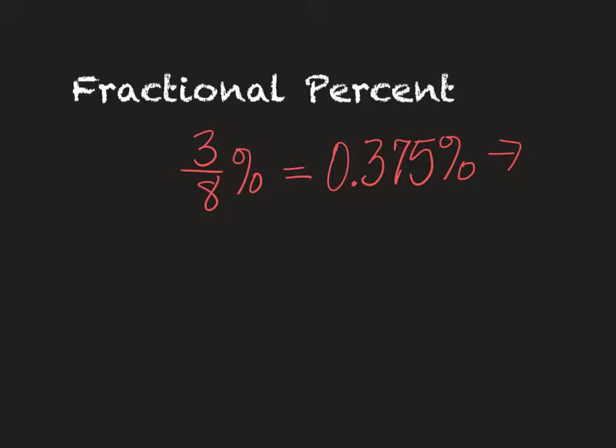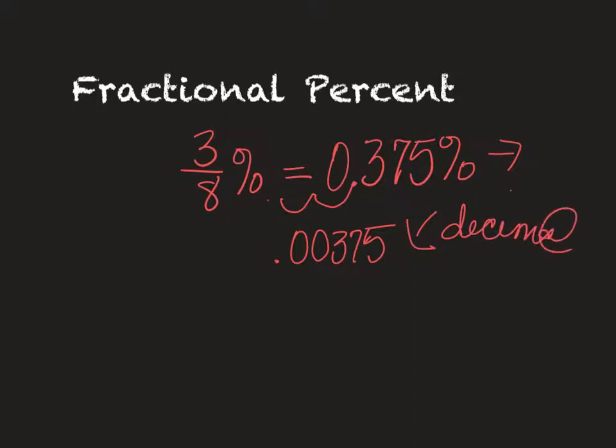In this case, you're going to move it 2 places to the left, which is going to annex a 0 here, and your answer is going to be 0.00375, and that is the decimal of this fractional percent. We won't do a whole lot of those, but you do need to be familiar with that, okay?